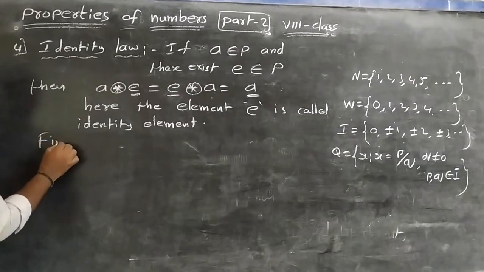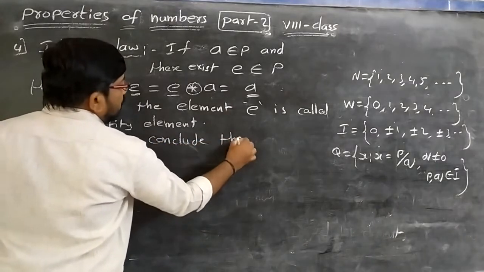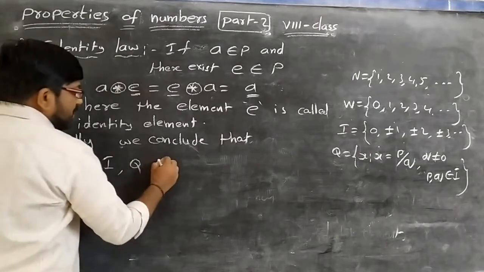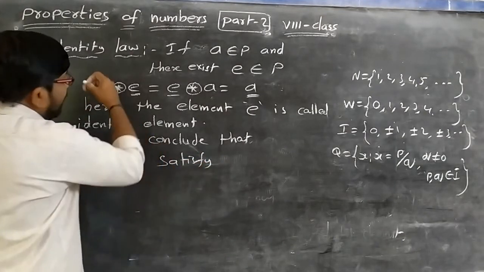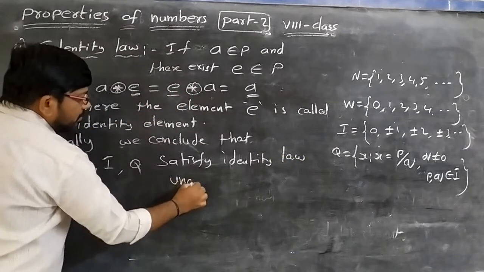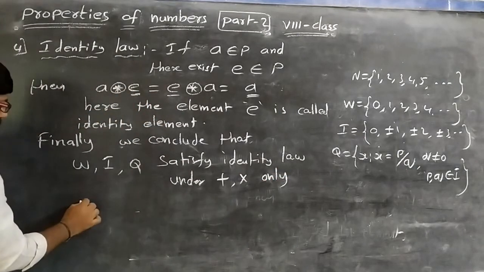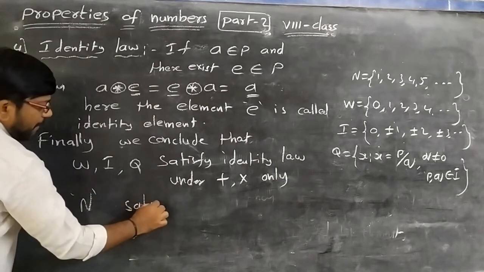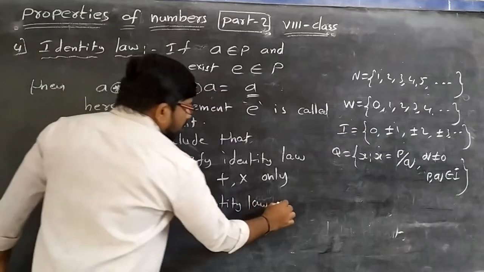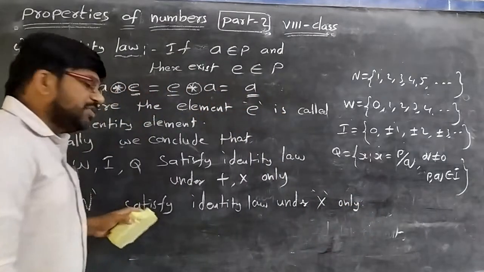So finally we conclude that the set of whole numbers, the set of integers and the set of rational numbers satisfy the identity law under addition and multiplication, but the set of natural numbers satisfies the identity law under multiplication only, because there is no zero, right?